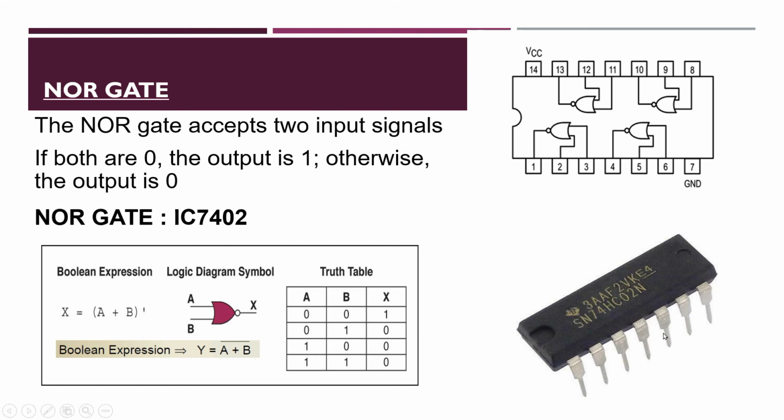You can see here that in case of the NOR gate, 1 is the output and 2 and 3 are the inputs. 5 and 6 are the inputs and 4 is the output. 8 and 9 are the inputs and 10 is the output. 11 and 12 are the inputs and 13 is the output. So there is a small change in the pin configuration diagram in case of the NOR gate compared to other gates.